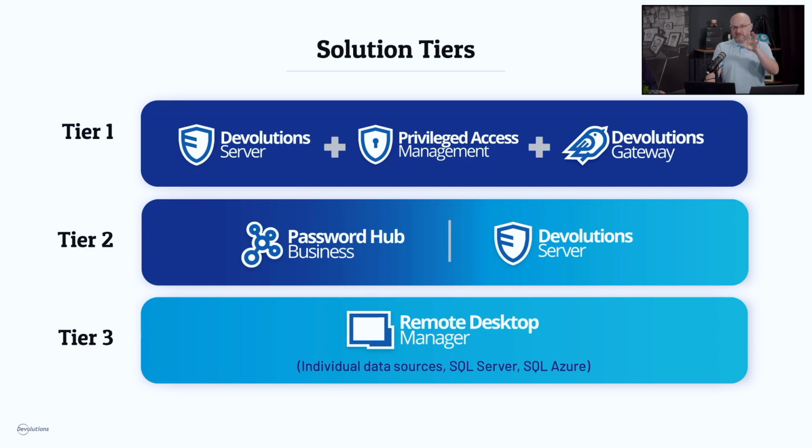So by using a mix of these three, in fact, the PAM and gateways are add-ons to the Devolutions Server, but when you combine to your liking what you need, you reach tier 1. There. So that was for our attendees that are not customers or not users of Devolutions Server.